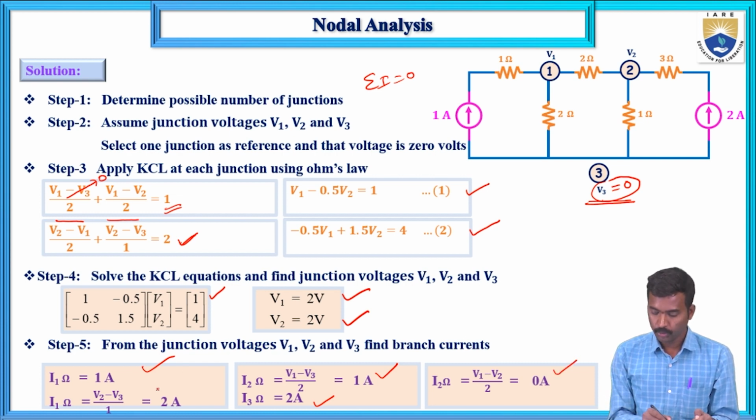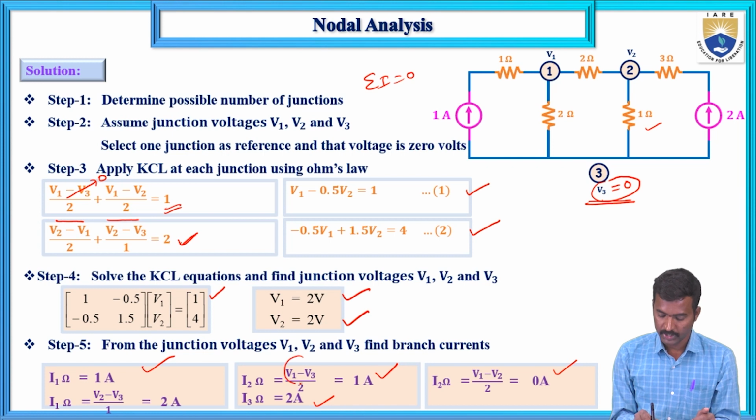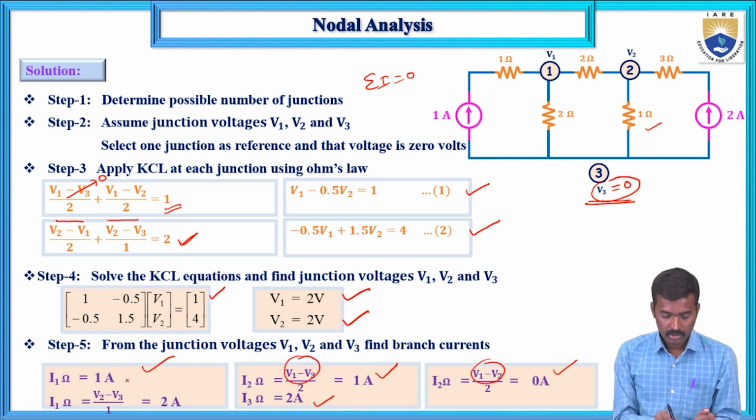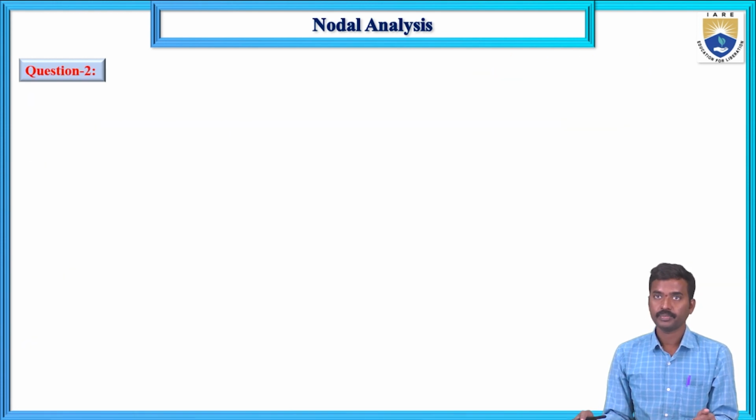Next, (V2 minus V3) is this one, 2 amps current, and (V1 minus V3) by this one is 1 amp. So these are the currents. If you want voltages also, you can multiply with resistance. These are the voltages: 2 ohm resistor voltage, 2 ohm resistor voltage, and 1 ohm resistor voltage. Like this you can calculate.